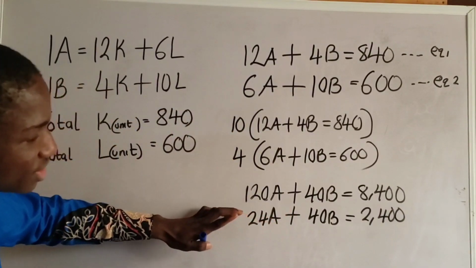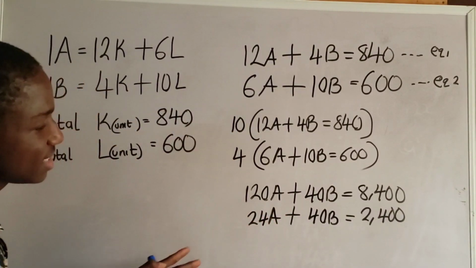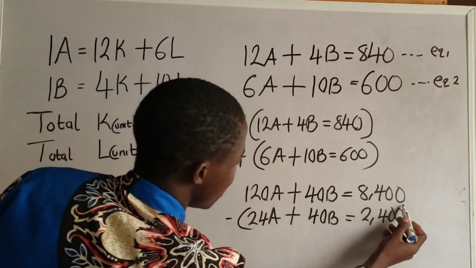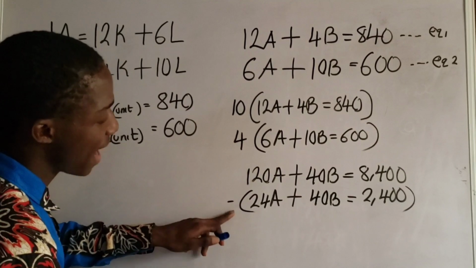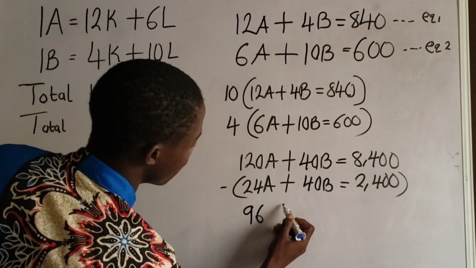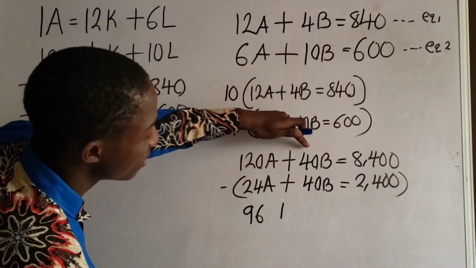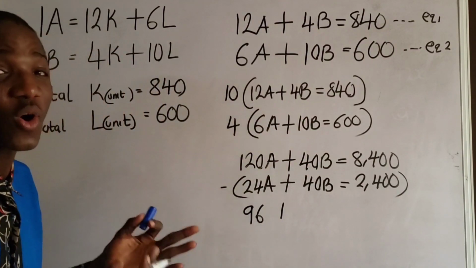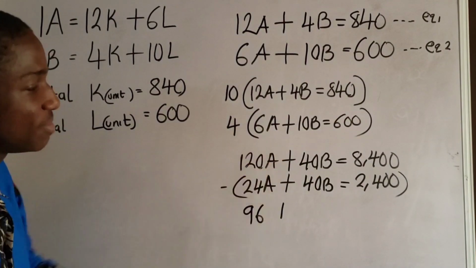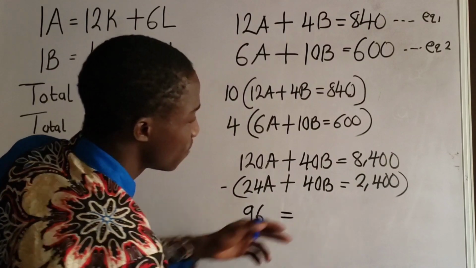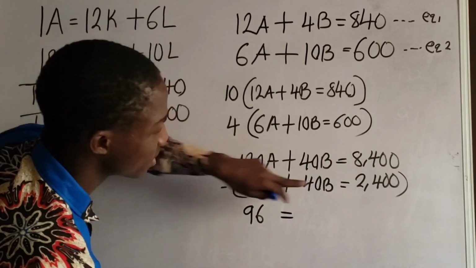Now we can proceed to eliminate B by subtracting this equation from this equation. So I'm going to put minus here. 120A minus 24A, that is 96A. 40B minus 40B, that is 0. So there's no need of writing B because I've already eliminated B. On the right hand side, we have 8,400 minus 2,400.